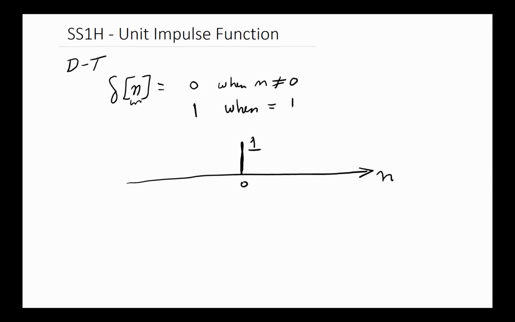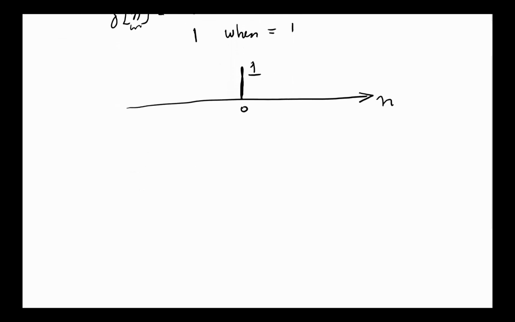Now, why do we have such a function? We have this function because it's very useful if I have another function and I just want to take a sample of it at one given point in time.